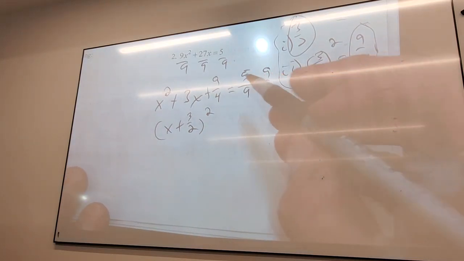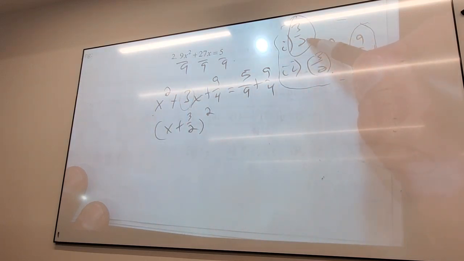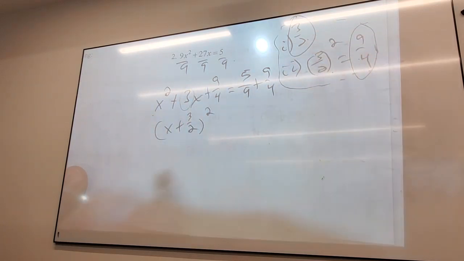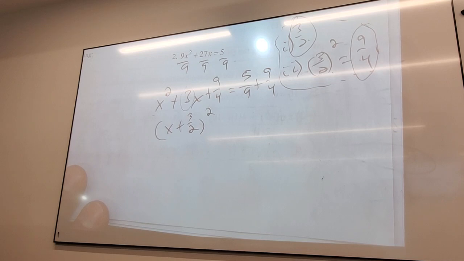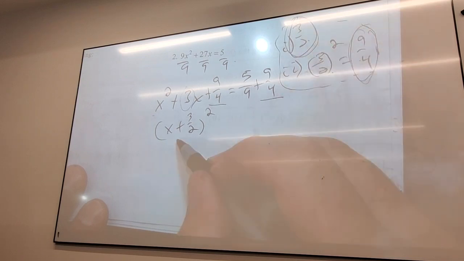Alright, so again, whatever the middle term is, I cut it in half and then I square it. Why? Because that's how it works. That's what we saw when we looked at the patterns. This number is what I have to add to make it work, and this number tells me how it will factor.